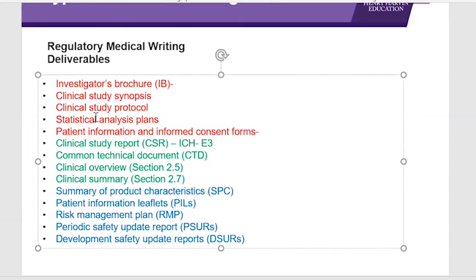The purpose of the investigator brochure is to provide information to the trial investigator, that is, the doctor who is actually conducting the clinical trials in his or her hospital. This document provides all the information that is available on that specific drug to the company. Mind you, we do not have this drug in the market, so others will not know that information.